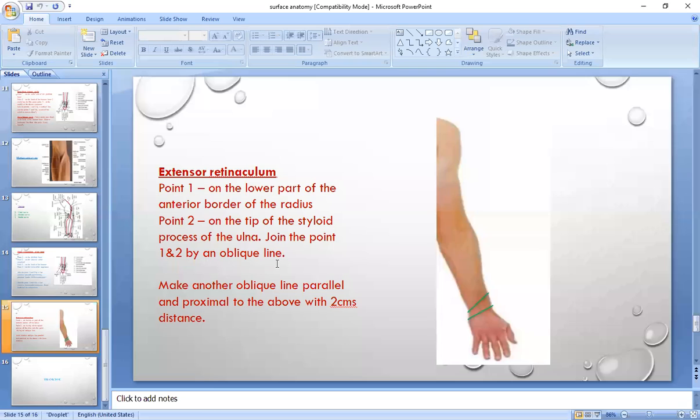What I have mentioned are only very easy points to demarcate each and every structure. Try to identify them, and try the muscles yourself. By moving the joints against resistance, you will appreciate each group of muscles and individual muscles also. So this is about today's topic.